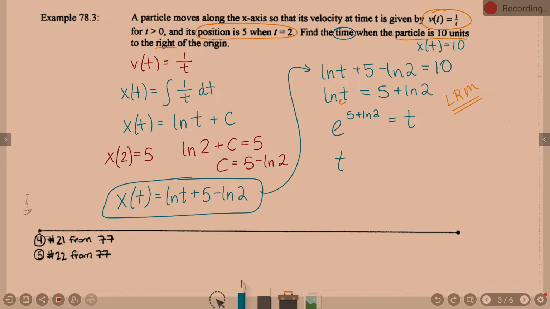So let's see. If I reverse that, e to the 5 plus ln of 2. And this is where, if it's a non-calculator problem, you're obviously done. I do have a decimal answer in my notes because you can plug this into a calculator, can't you? So it kind of all depends on the problem. e to the 5 plus ln of 2.